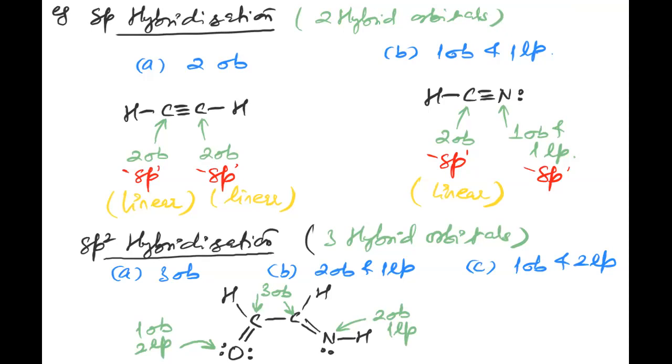As far as their geometry is concerned, this geometry should be bent. And once we have 3 sigma bond, this geometry is found to be trigonal planar geometry. In trigonal planar, we can have 3 sigma bond technically.